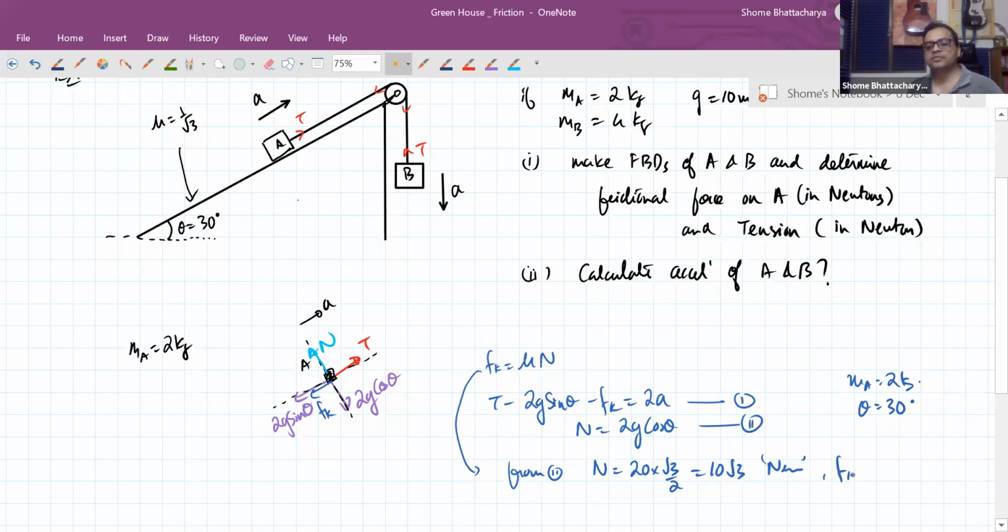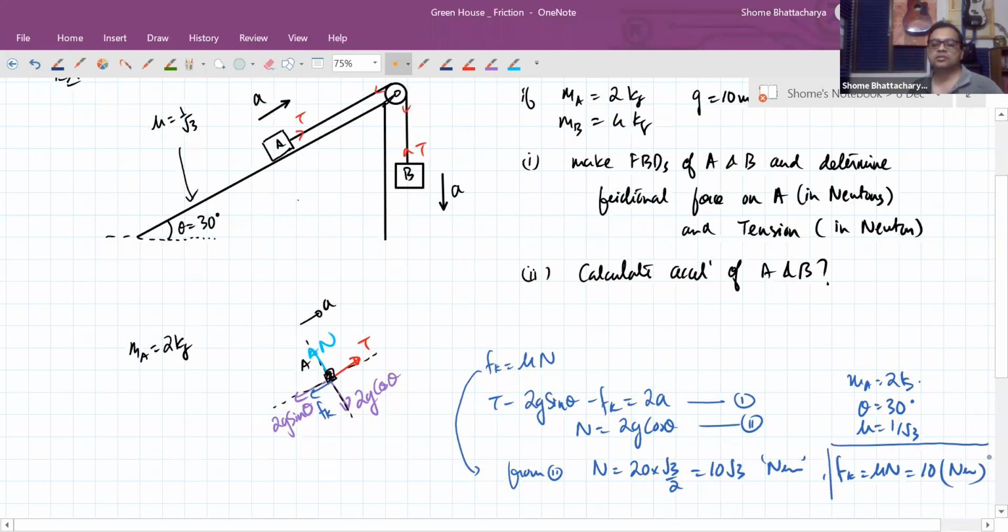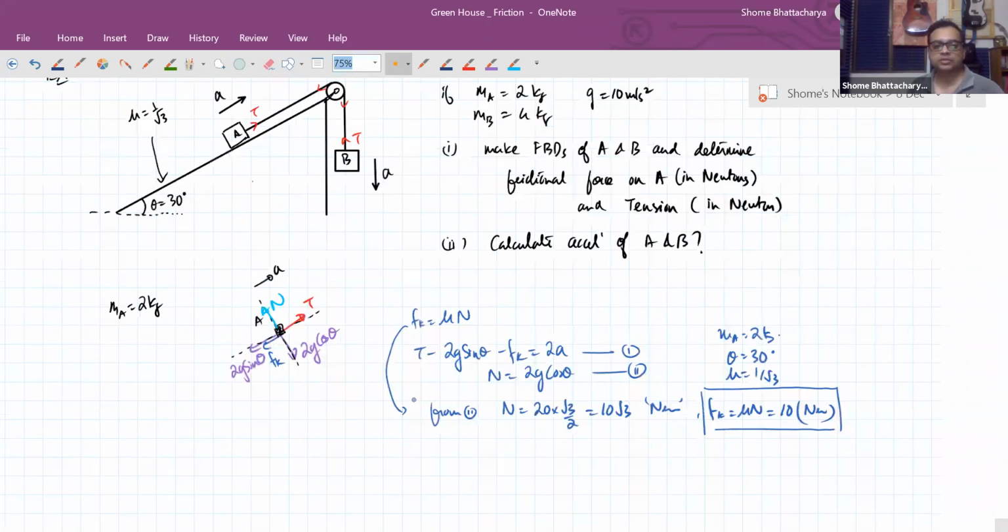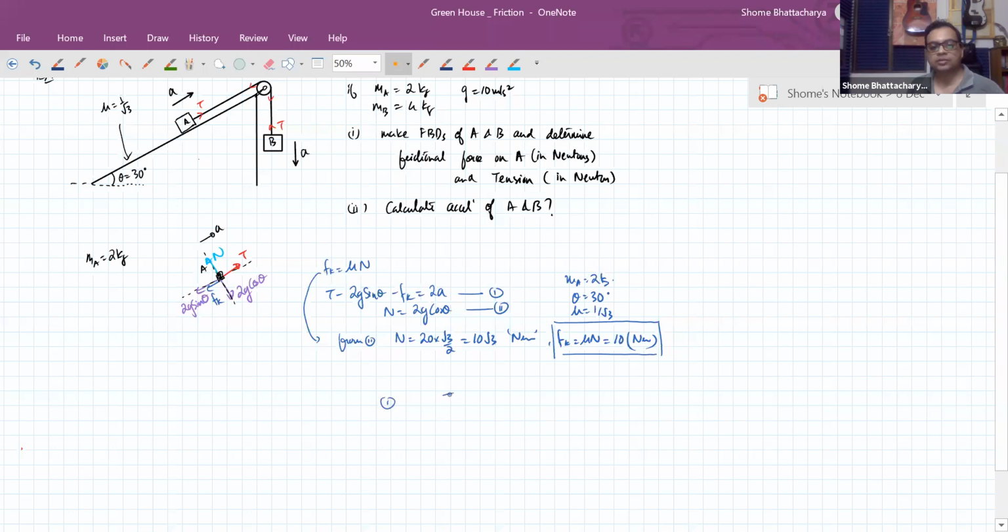So kinetic friction will become mu N, so that will become 10 newtons because mu is 1 by root 3. So this is that answer also. Now to solve for acceleration, we'll have to plug this in this equation. So equation 1 will now become T minus 10 minus 10 is equal to 2a, or T minus 20 is equal to 2a.